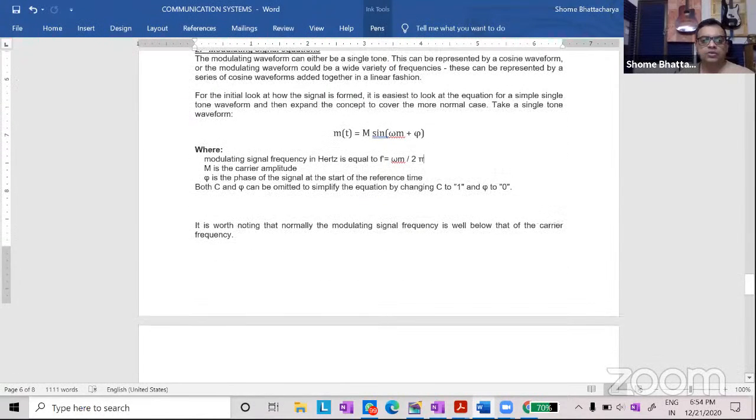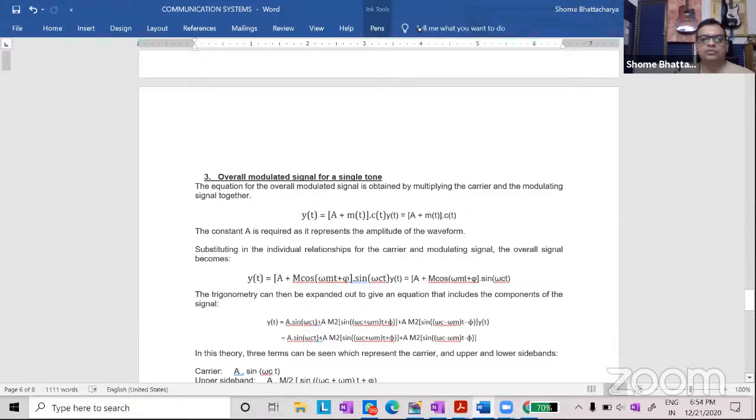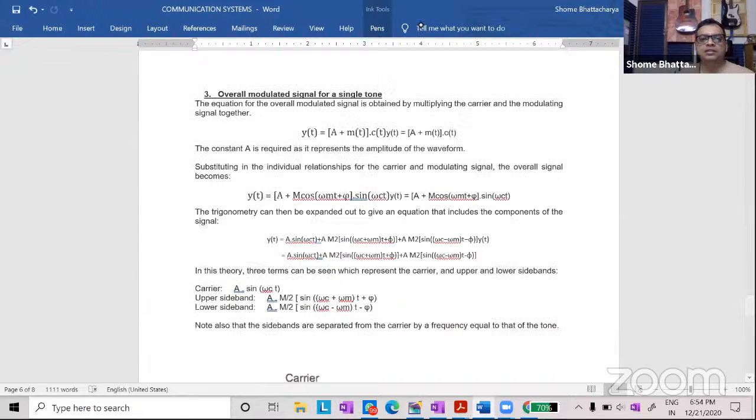Okay, so how will we get the modulated signal now? The carrier wave was like this: some amplitude times sine of its own frequency plus phase. Now what is happening when we modulate it?